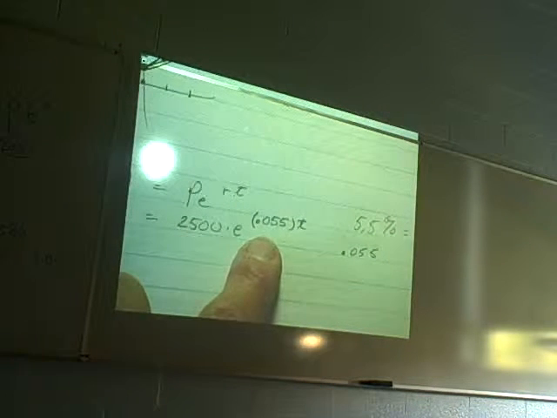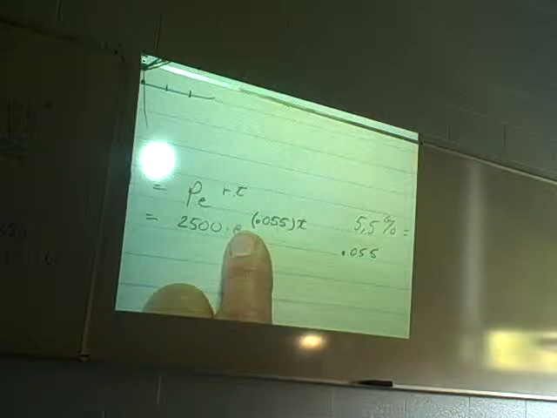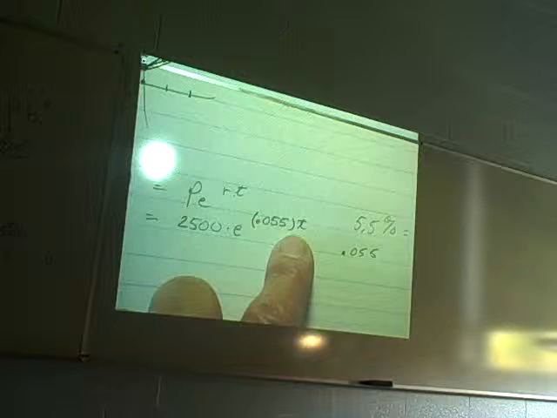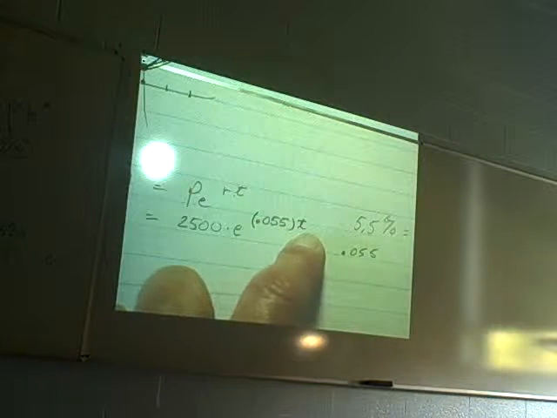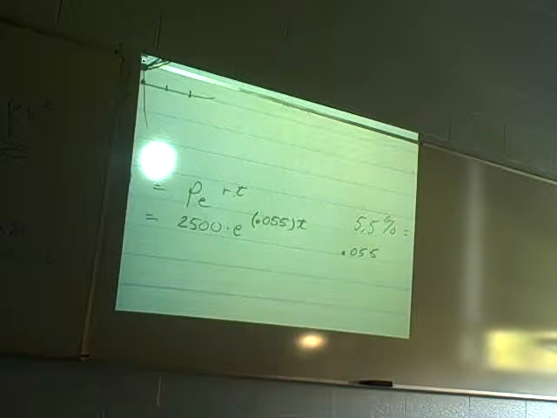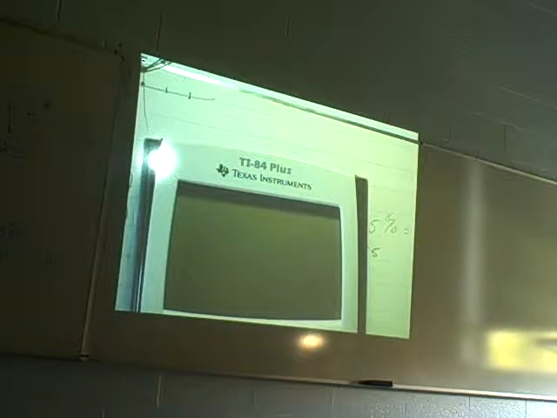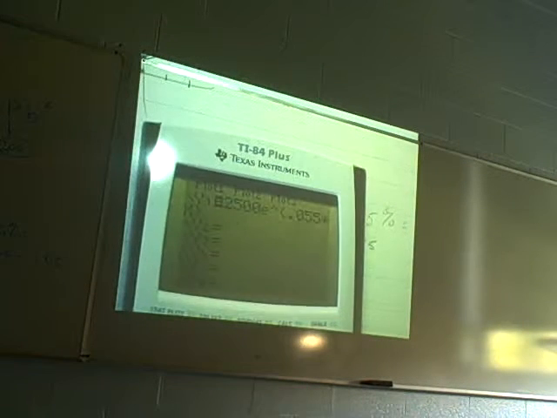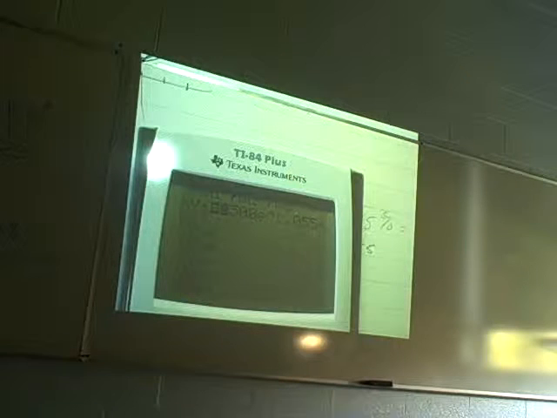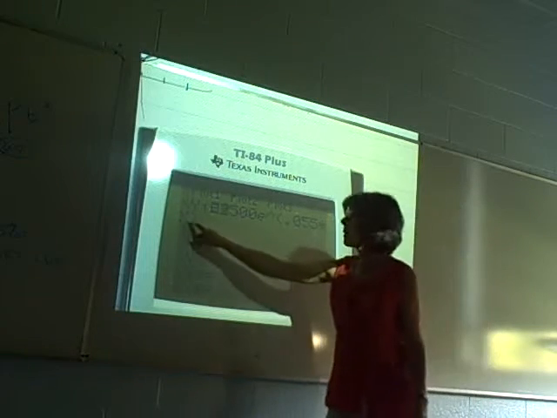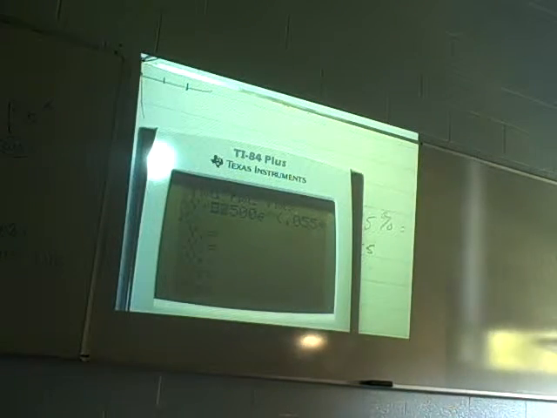I know that 5.5%, if I convert it into a decimal, is 0.055 times, and it will depend on the time. But I've been asked to graph this. So using my calculator, I went to y equals, and here's the x. So it was 0.055 times x on the next line.